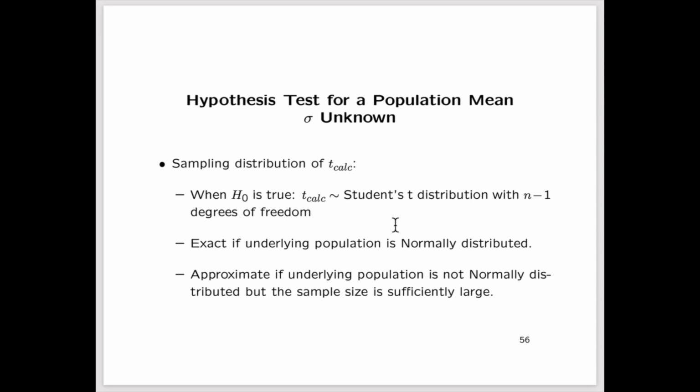If we're sampling from a normally distributed population, then the sampling distribution of t-calc is exactly a student's t-distribution with n-1 degrees of freedom. But if the sampled population is not normally distributed, then this statement is approximately true. If we're sampling from a non-normal distribution, as long as the sample size is sufficiently large, again a ballpark of 30 or more, then the sampling distribution of t-calc is approximately student's t. We just need to understand that.